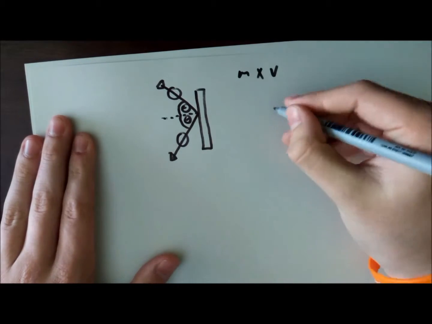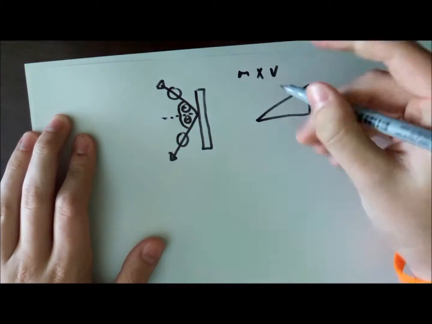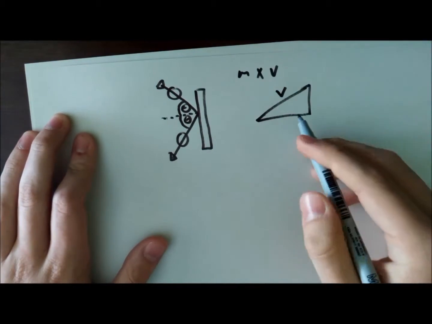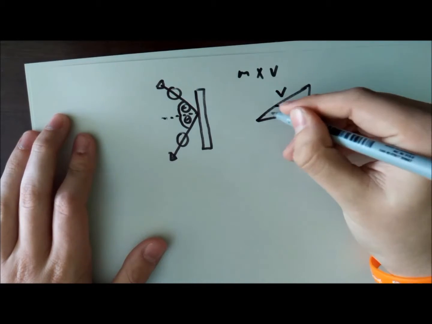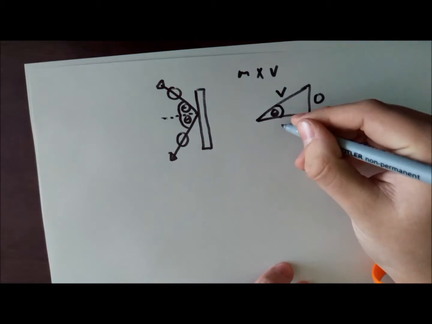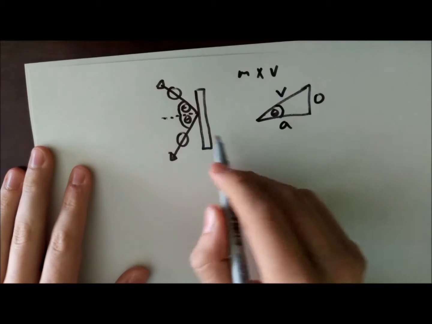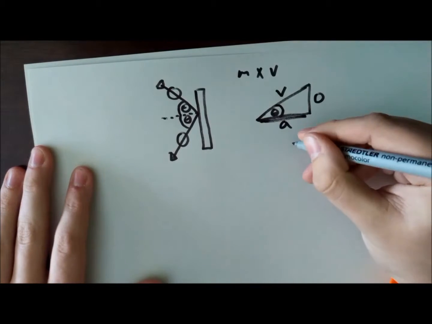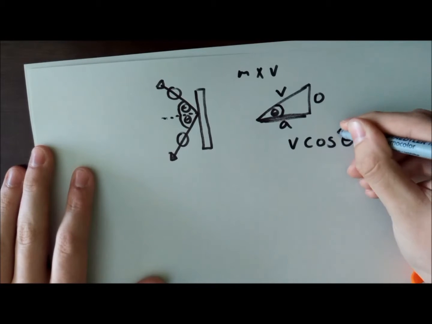Now to find that, we can draw a triangle, and if we know that to be v, and we know the angle is here, opposite, adjacent, we know that to find horizontal, we're going to need to do v cos theta.